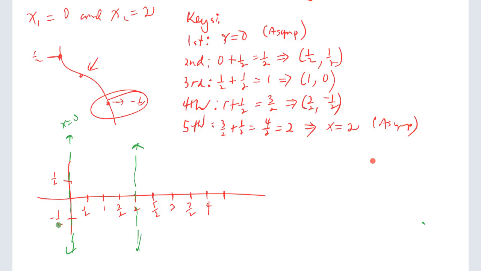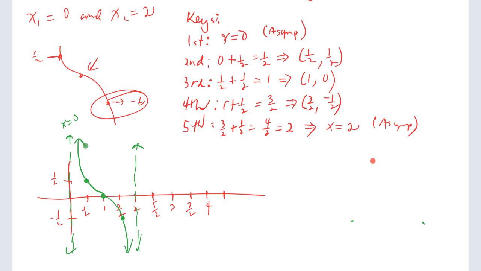All right, let's start plotting the points. We have here the 1 half, 1 half, and then 1, 0, and then 3 over 2, negative 1 half. As you can see here, it's going down from left to right.